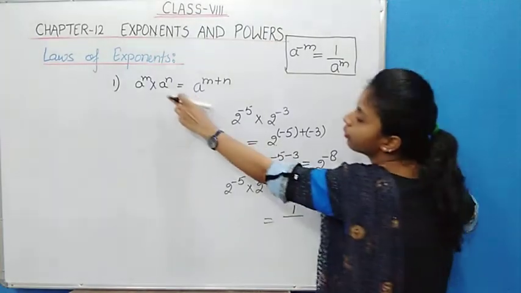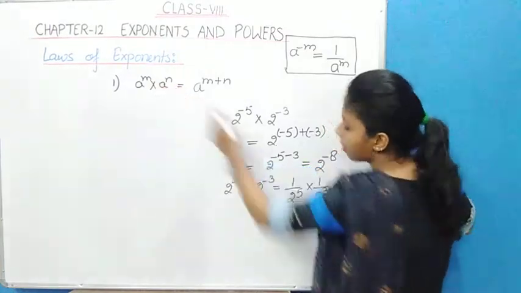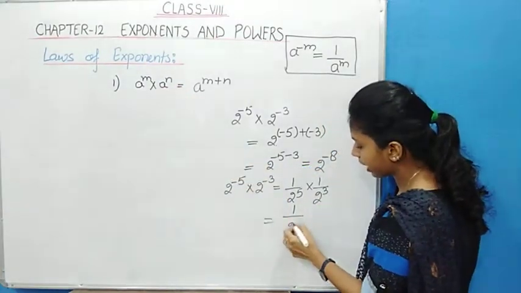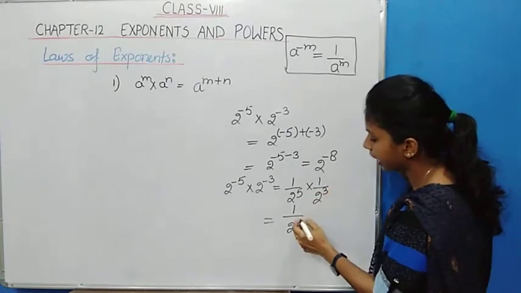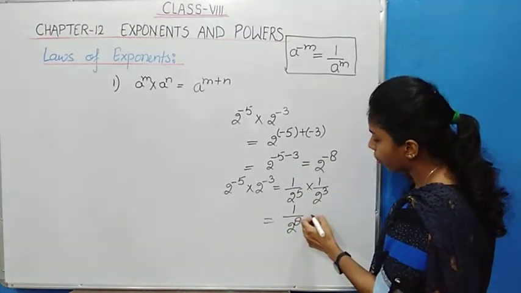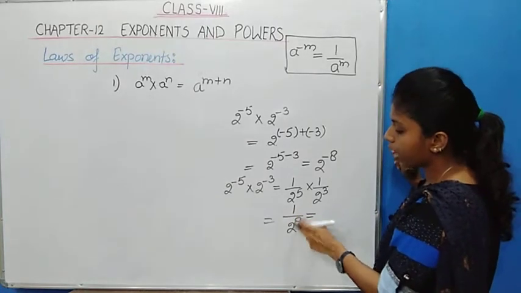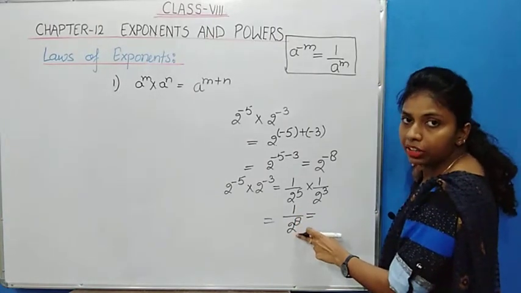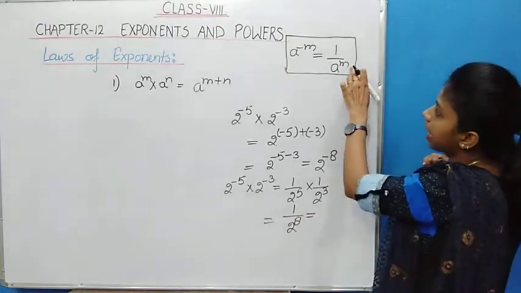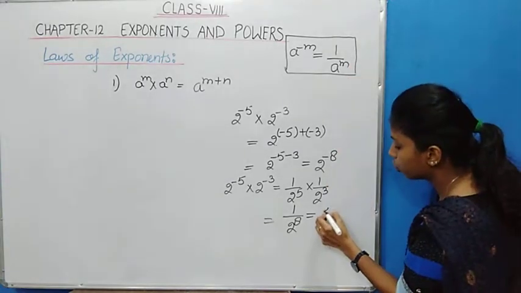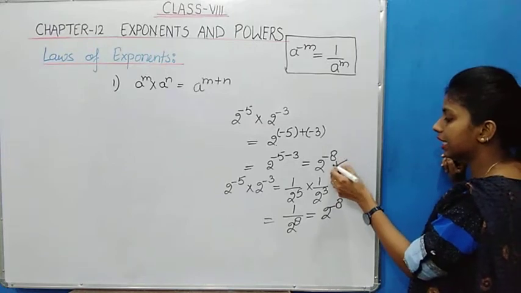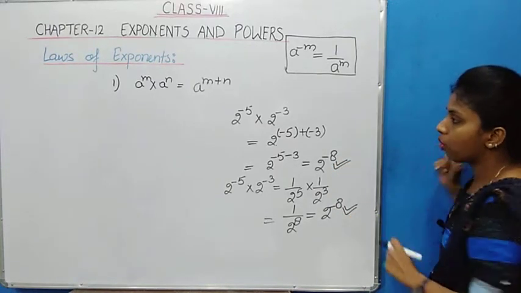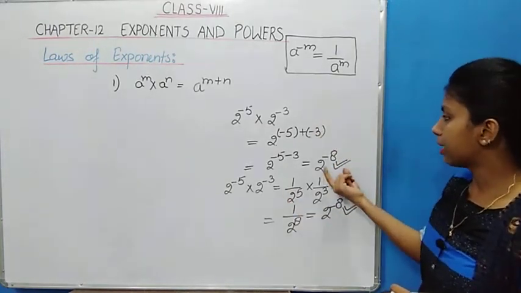We know that if we multiply two exponential numbers with the same base, the powers are added, so 5 plus 3 is 8. Now we can write this 1 by 2 raised to power 8, with the help of this formula, as 2 raised to power minus 8. So we can see that by both ways we get the same result.